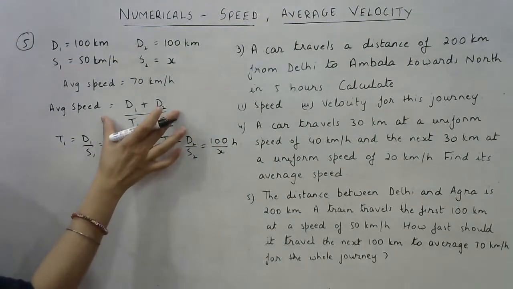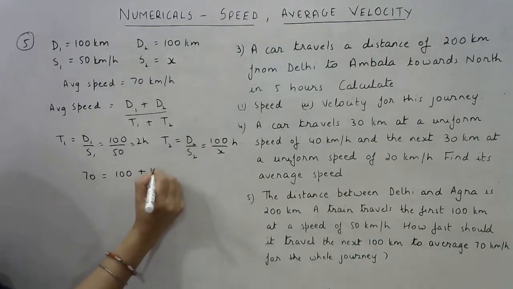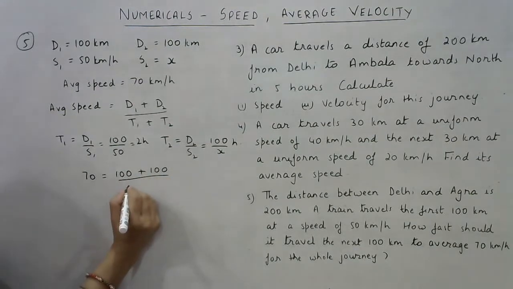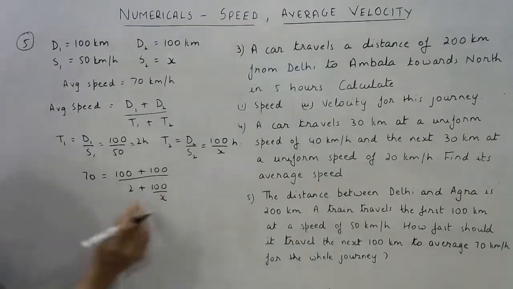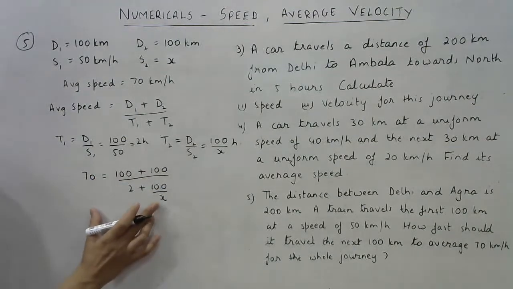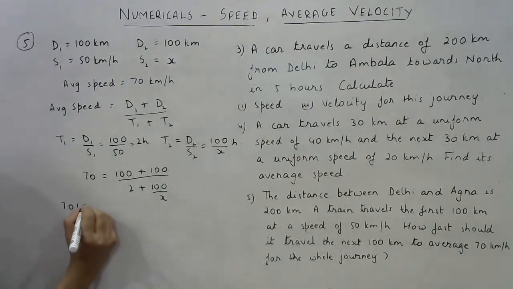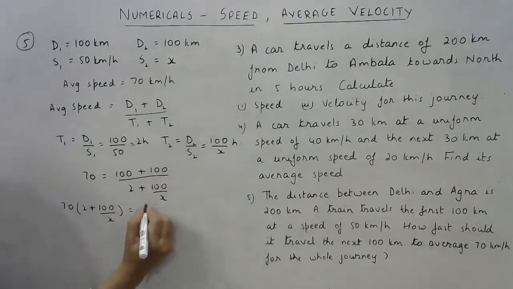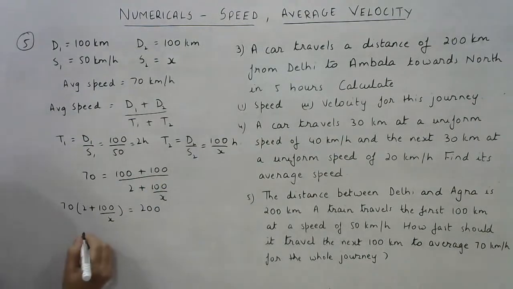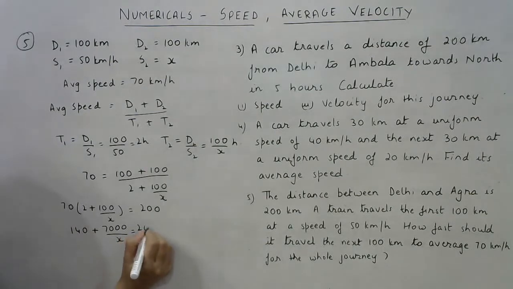So now we'll be substituting the values in this formula. We get 70 is equal to D1 is 100, D2 is also 100, T1 is 2 and T2 is 100 upon X. Now we need to simplify this equation to find out the answer to X. We'll be cross multiplying. So we get 70 into 2 plus 100 upon X is equal to 100 plus 100 becomes 200. Then open the brackets, 140 plus 7000 upon X is equal to 200.